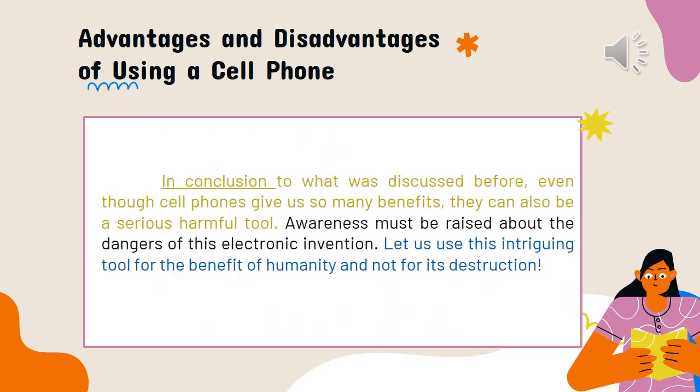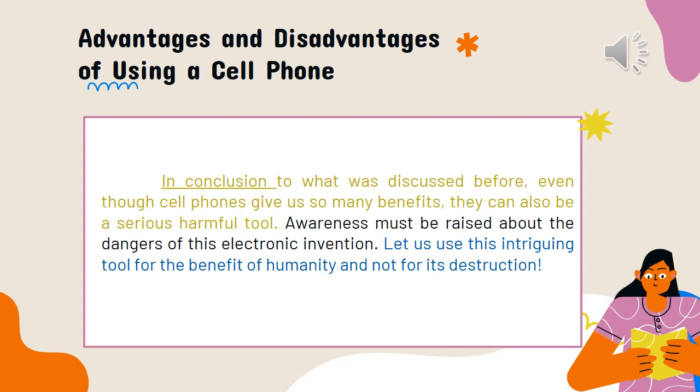So by now we wrote our introduction and our two body paragraphs, the advantages and disadvantages of using a cell phone. Here we come to the conclusion. We said a conclusion should restate the main idea of the whole essay, and it should also give an opinion. So let's see how this conclusion is written.